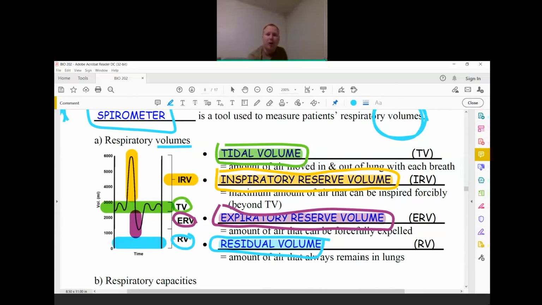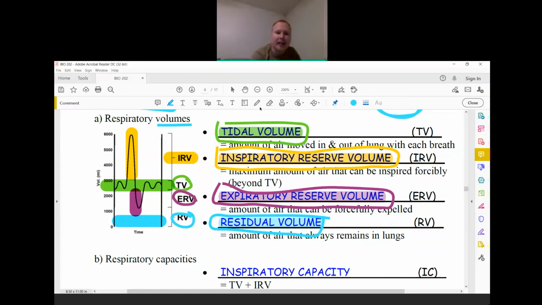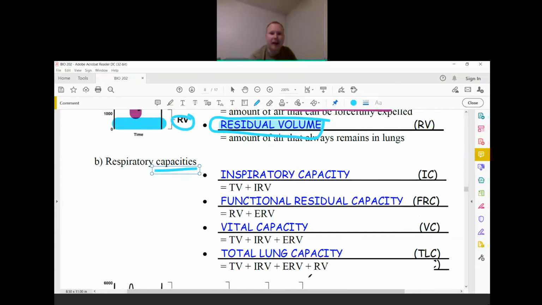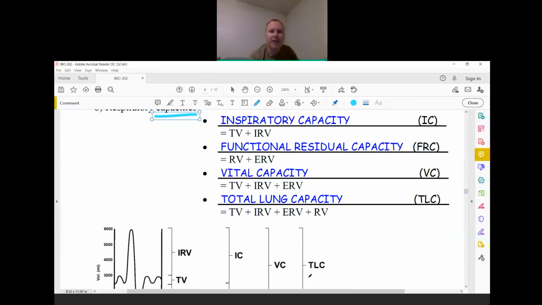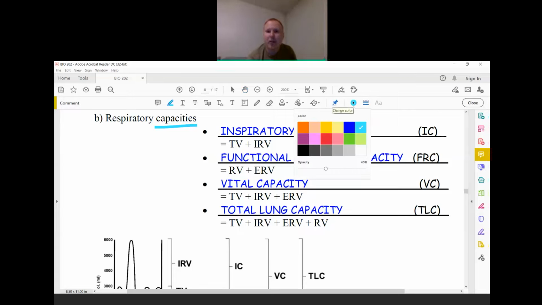Well, we can measure the volumes, but we might want to know capacities. That's convenient because we can calculate an individual's capacities based on these volumes. So let's have a look at how that would work. The first capacity that I want to discuss with you is the inspiratory capacity.